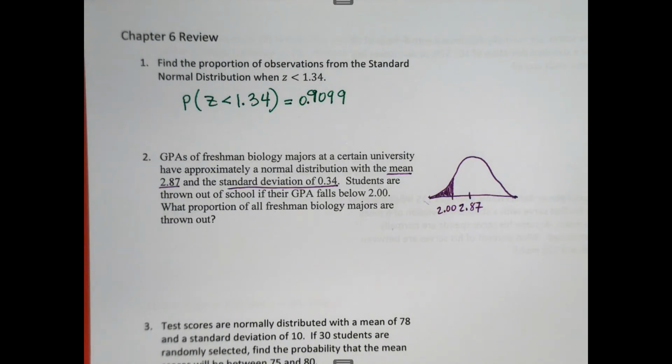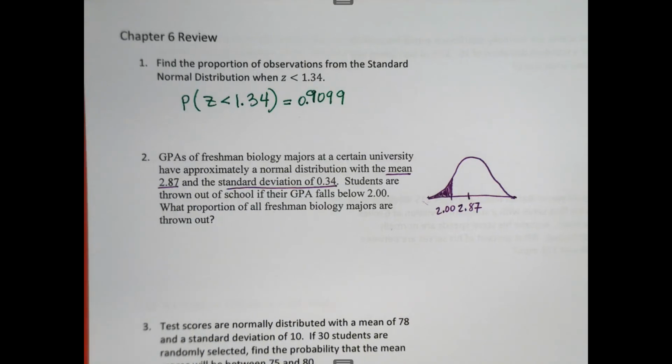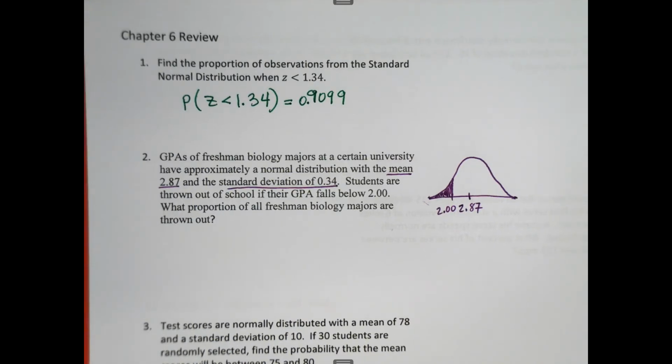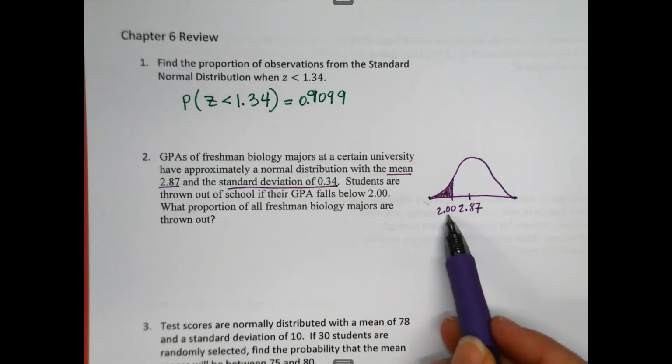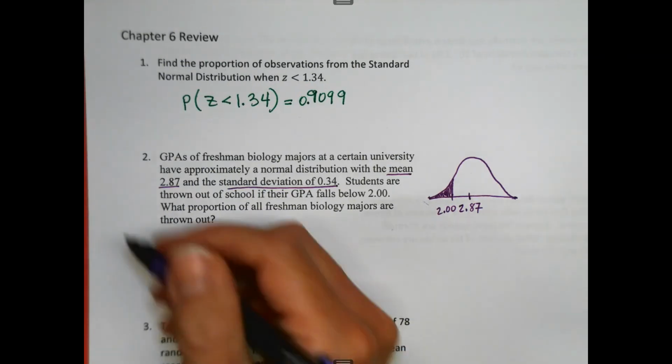Now, the only way to find our proportion for a normal distribution is to use our standard normal distribution table. But here, we have values that are not a part of our standard normal probability table. Therefore, we need to convert this to a z-score.